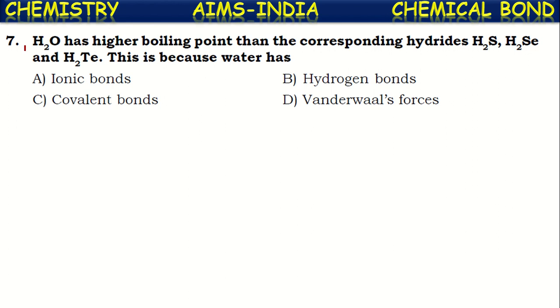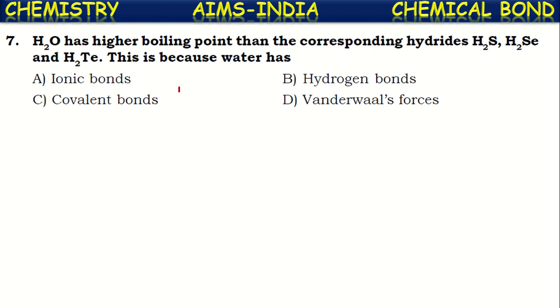Out of these, abnormally, H2O, the hydride of oxygen, which we commonly call water, has a high boiling point when compared to the remaining ones. This high boiling point of water is because of the existence of hydrogen bonds between the water molecules.